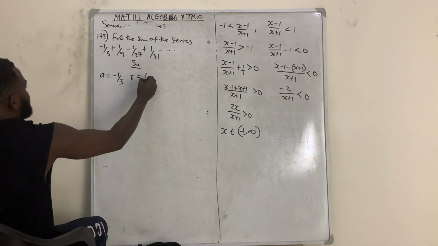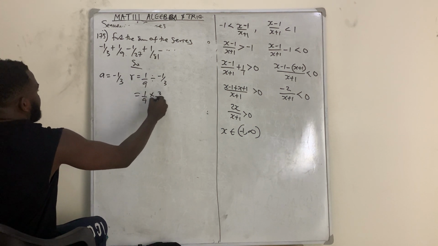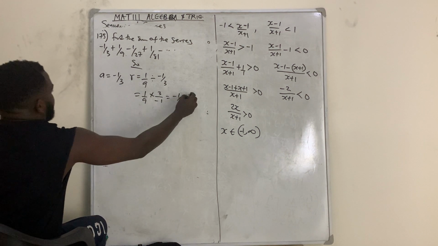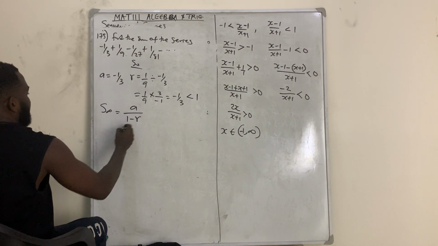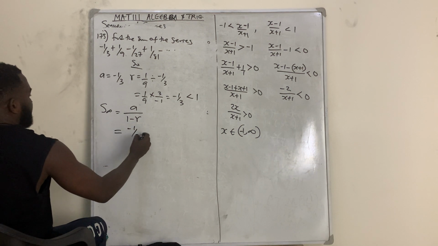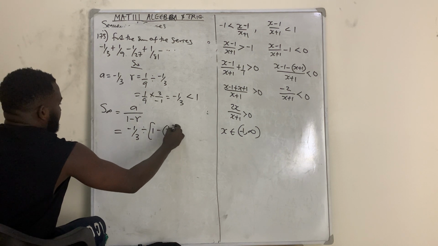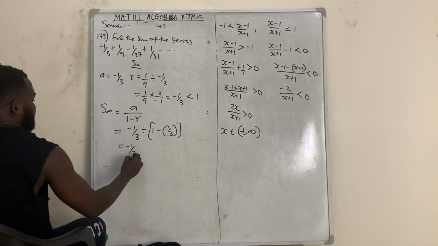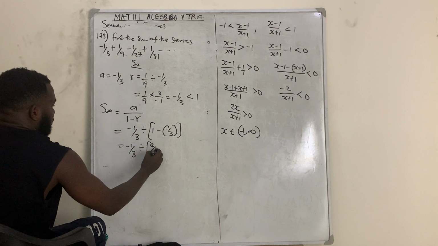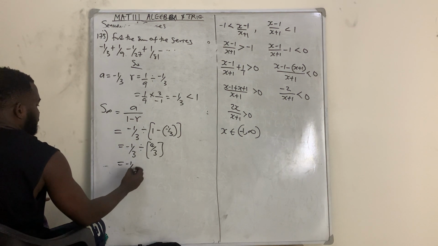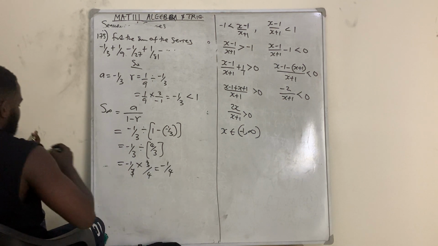The common ratio is the second term divided by the first term, which is 1 over 9 times 3 over minus 1, which is minus 1 over 3. And this is less than 1. So the sum to infinity is equal to A over 1 minus r, which is minus 1 over 3 divided by 1 minus of minus 1 over 3. Okay? So which is minus 1 over 3 divided by 3 plus 1 over 3, which is 4 over 3. So minus 1 over 3 times 3 over 4, which is minus 1 over 4. So that is that.